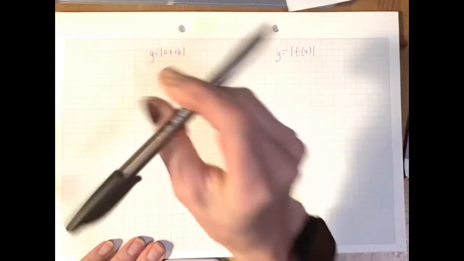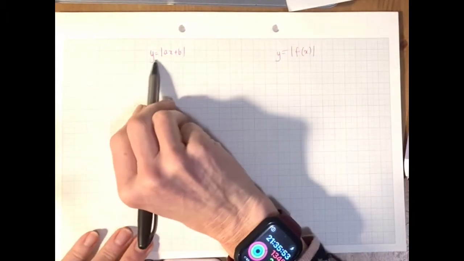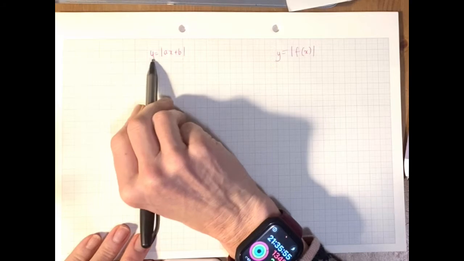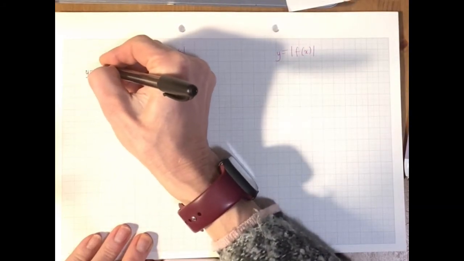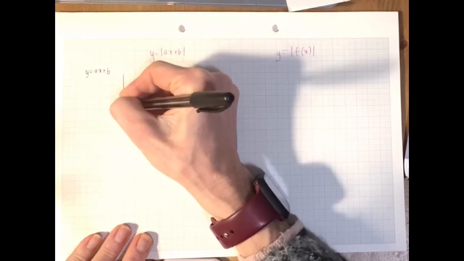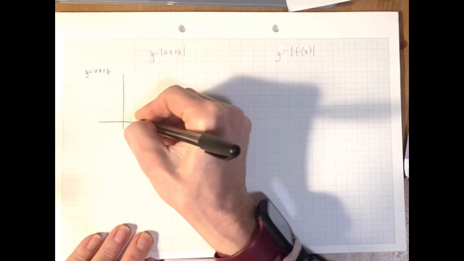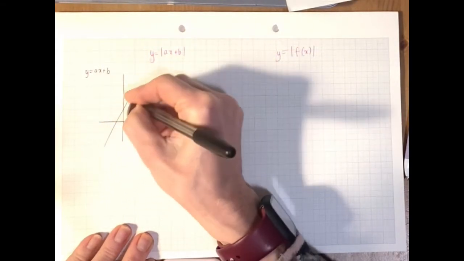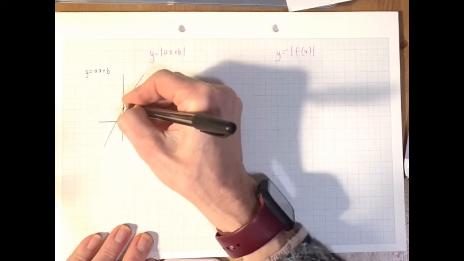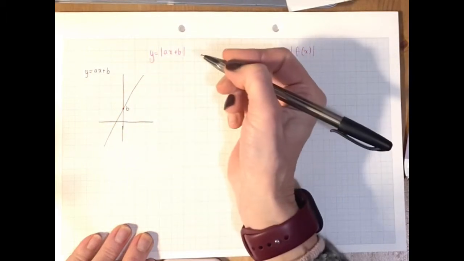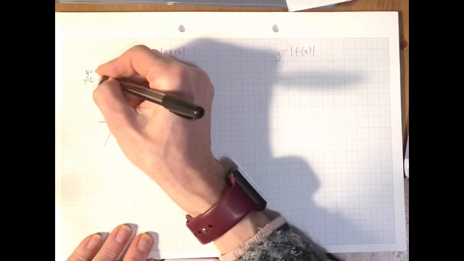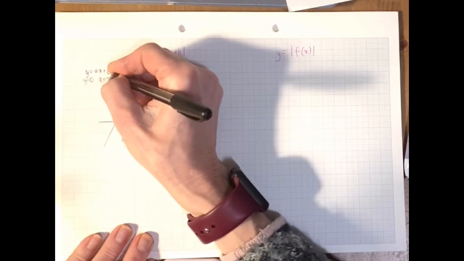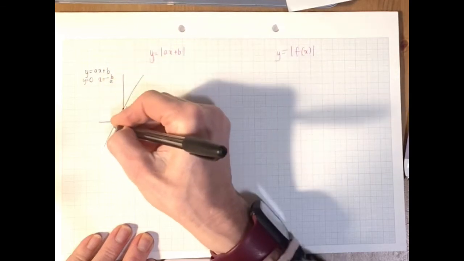To begin with, you're going to sketch a straight line, y equals ax plus b, and let's imagine it looks like this. It's a general line, there you go. The intercept with the y-axis is b, and when y is equal to 0, x is equal to minus b over a.